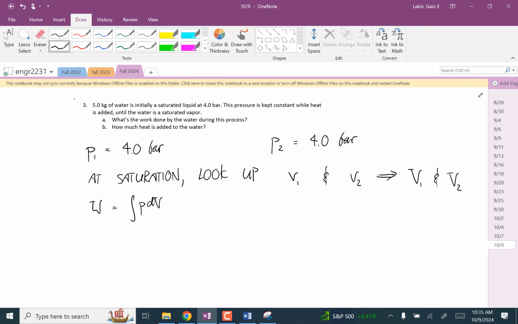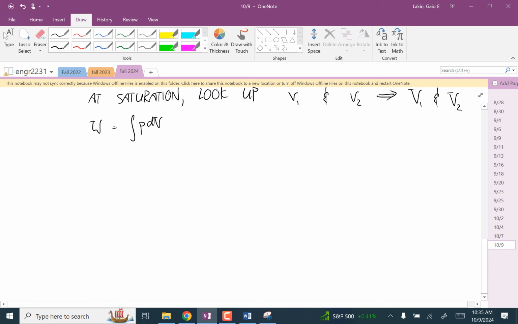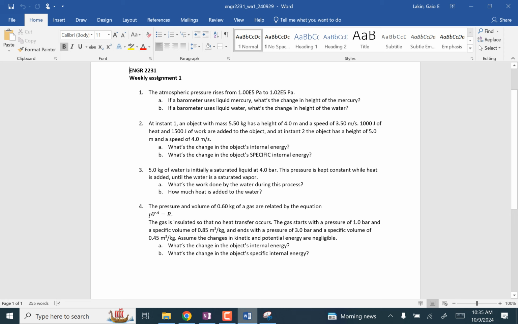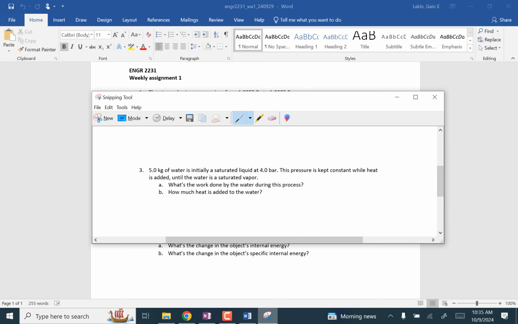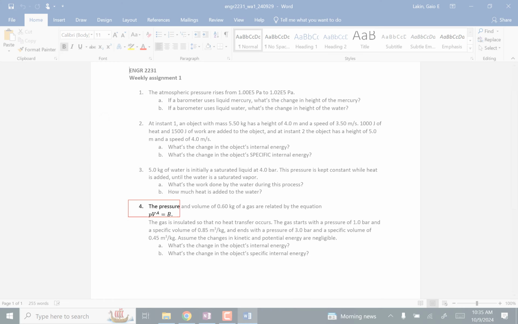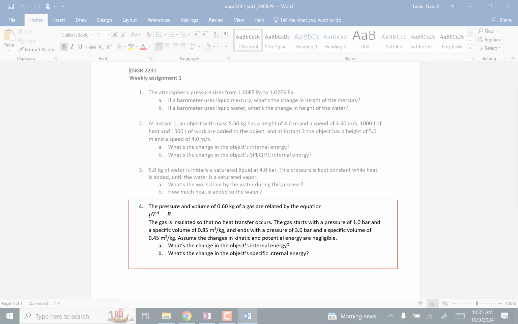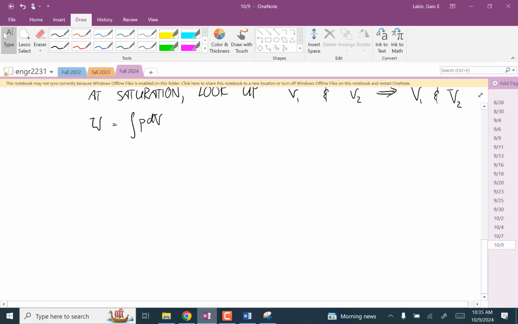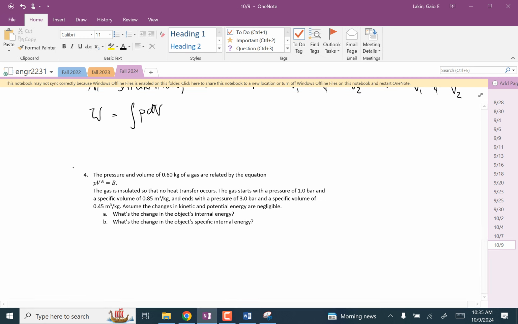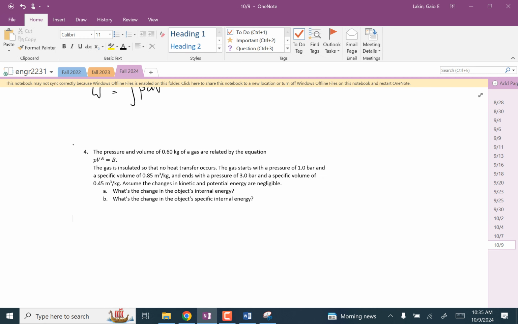Any other questions about that? Obviously, I don't want to go through all the steps of that, but could you give 4 the same treatment? Just kind of talk about the process. Yeah, I think I could do that. Okay, so almost for sure when you get these polytropic processes, you're going to be calculating the work with that integral.